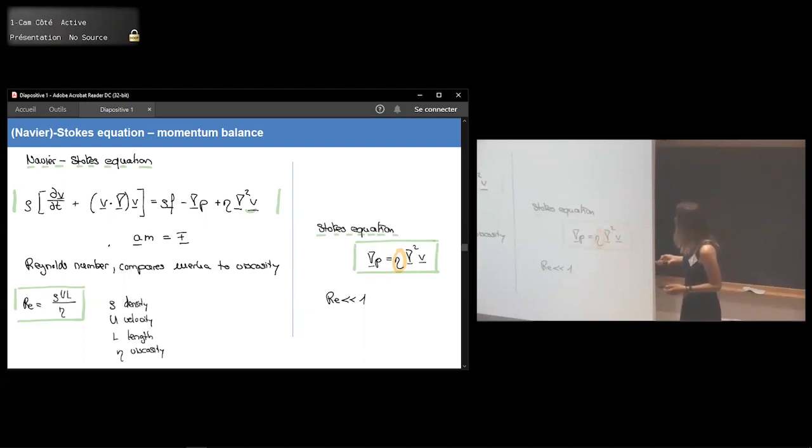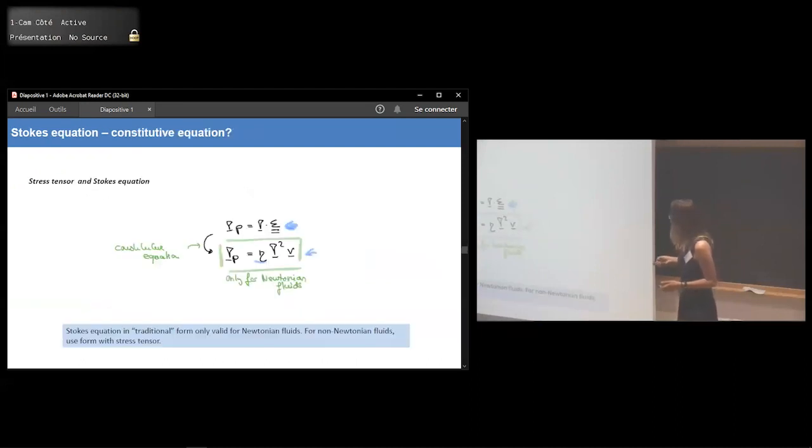We can go one step back, to how we build the momentum equation. It's not by chance that this term falls from heaven, but it comes from a term where we balance the pressure gradient with the gradient of the stress tensor. Okay? And then if you rewrite that using the constitutive equation, you end up with this Stokes equation.